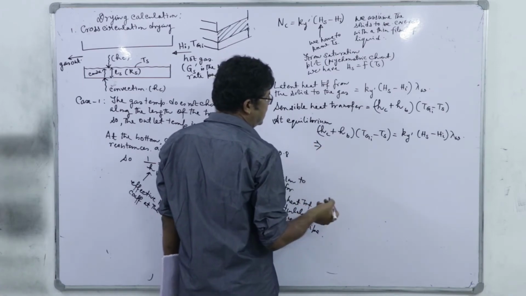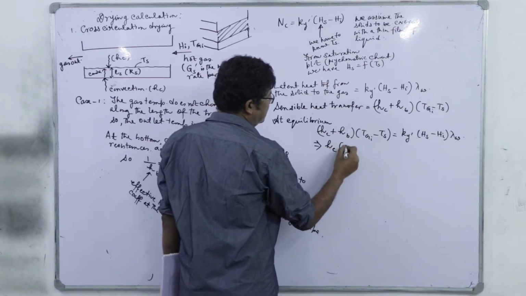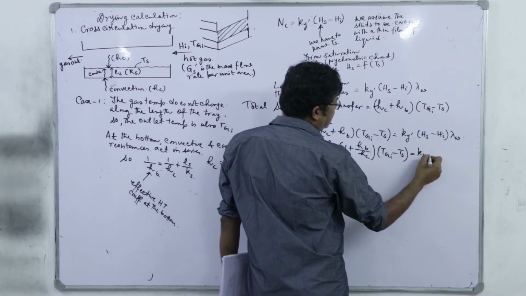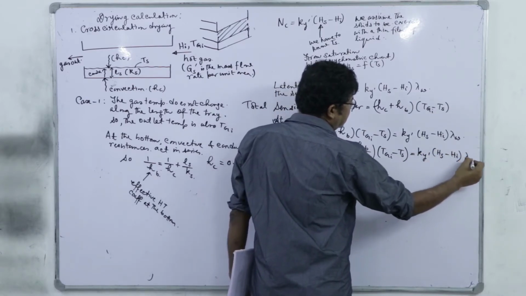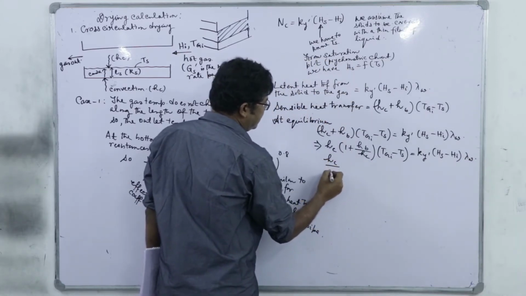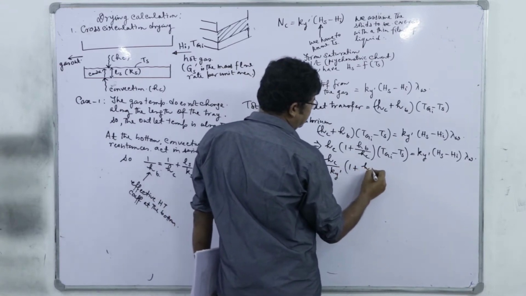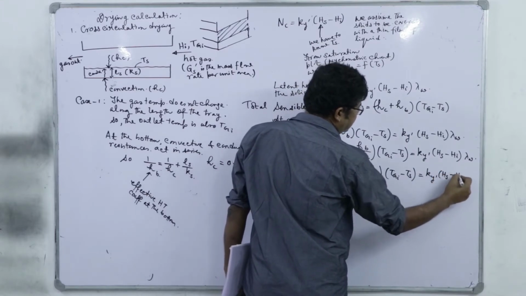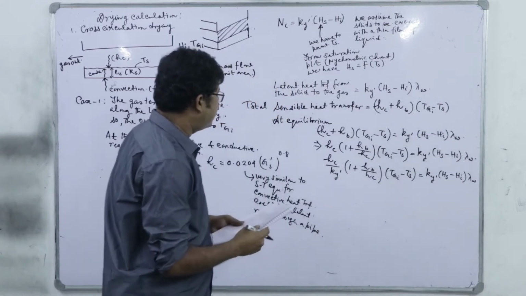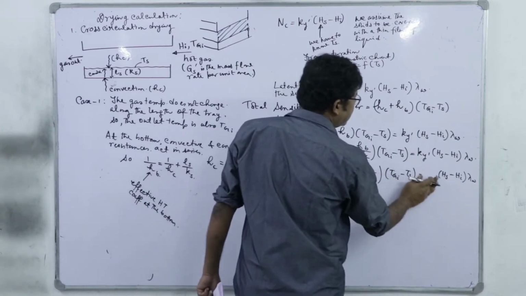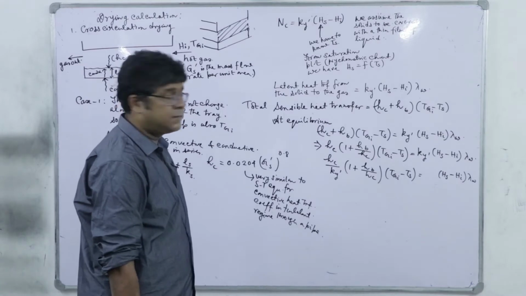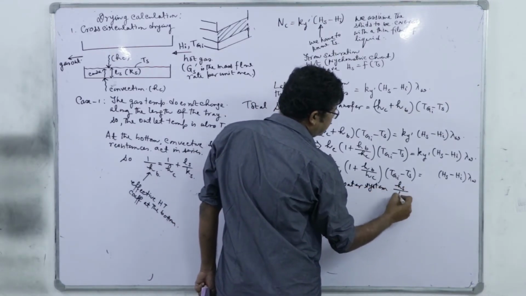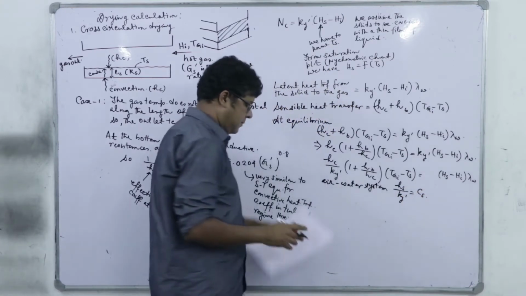So, you can further write this as Hc (1 plus Hb by Hc) into Tgi minus Ts equal to Ky prime Hs minus Hi into lambda W, and can be further written as Hc divided by Ky prime, (1 plus Hb by Hc) into Tgi minus Ts equals Hs minus Hi into lambda W. Now the point is, we don't have to use any correlation for Ky prime, because for an air-water system, Hc divided by Ky prime equals Cs, that is the humid heat, right?